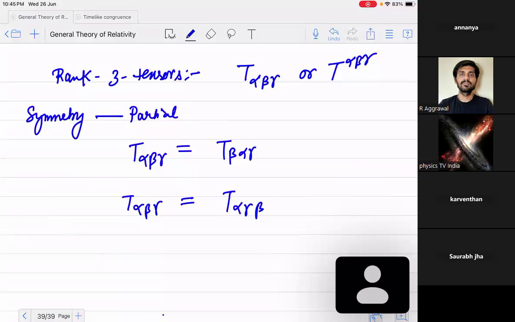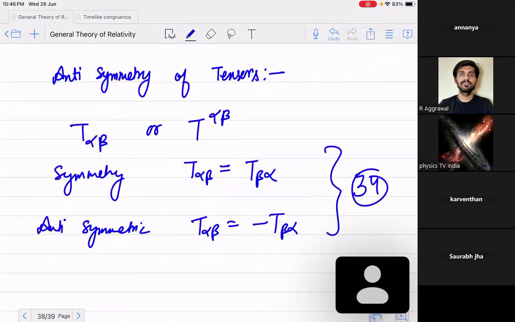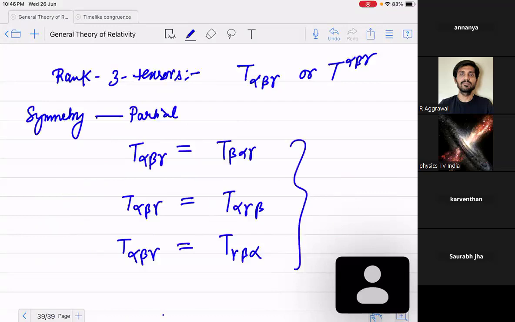And which is left? So the third one is the exchange of the first and the third indices. It is also symmetric. So it is 34, 35. So it is a symmetric third rank tensor.